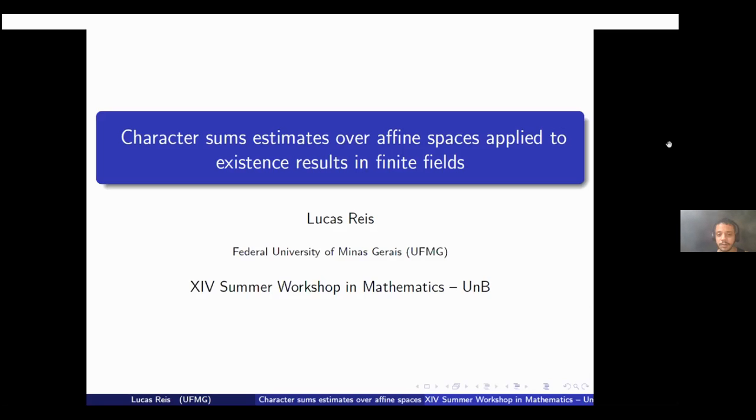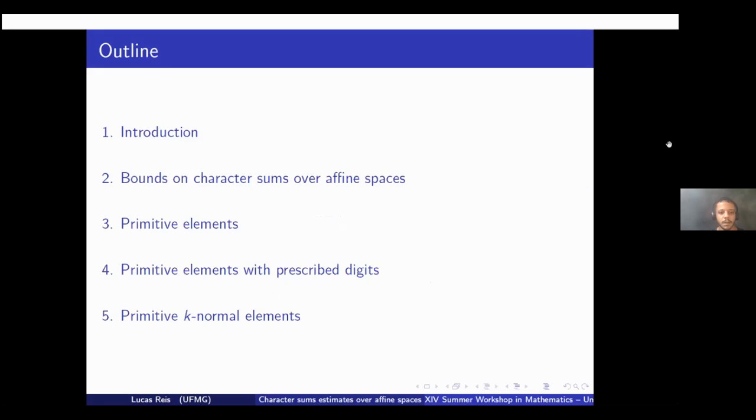And so this talk is about character sums over finite fields, and we'll be mostly interested in the applications of the results. And so here is an outline of the talk. We start with introduction to characters, and then we move to bounds on character sums over affine spaces.